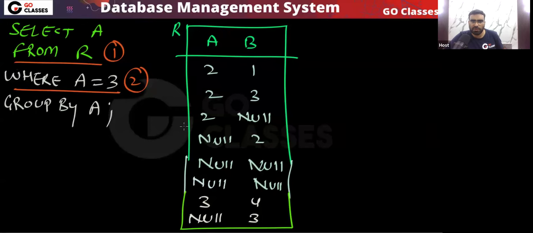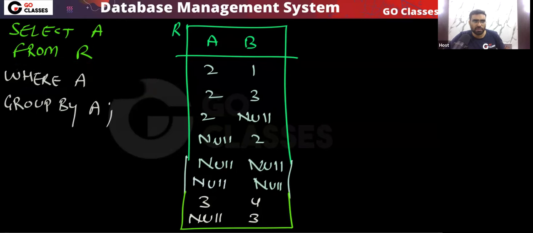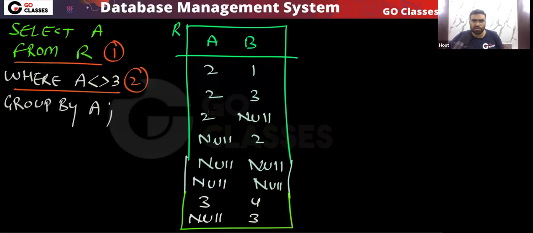So you can see A equal to 3, or maybe I can say not equal. Okay, let me put not equal to 3. A is not equal to 3. So tell me, if I put not equal to 3, then which tuples are gone?